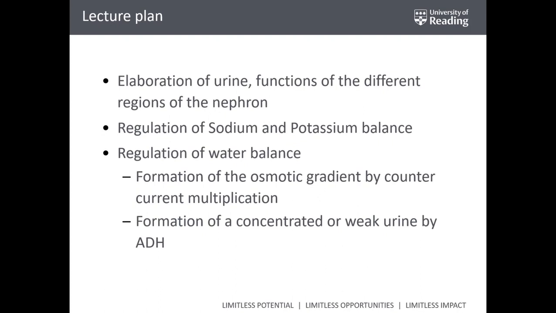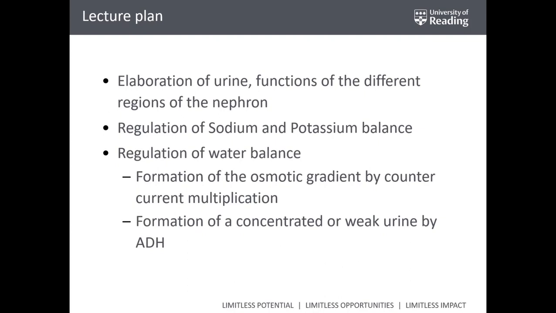So first of all, we will talk about how urine is elaborated, and we will talk about the function of the different regions of the nephron. We will then focus on the regulation of the sodium and potassium balance, and that will be the second part of the second lecture. And then finally, we will talk about the regulation of the water balance.